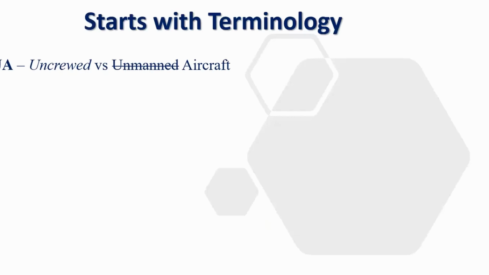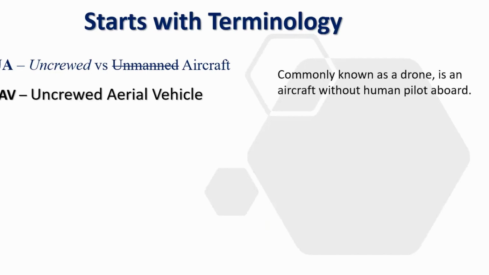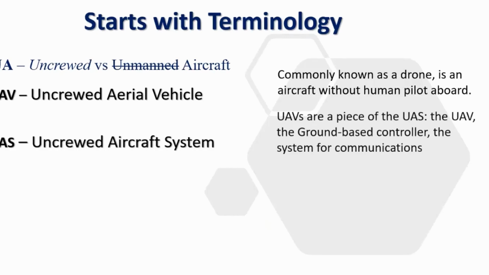UA, or uncrewed. The FAA is finally catching up and trying to move from unmanned and make it gender neutral, to go to uncrewed. It hasn't quite taken yet, but it's on the way. Uncrewed aerial vehicles, commonly known as a drone, is anything that is flown without a human pilot on board. Now, you've seen the size of these drones, so getting on top of them is not probably going to do very much for you.